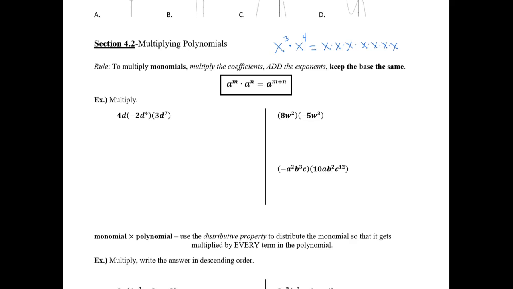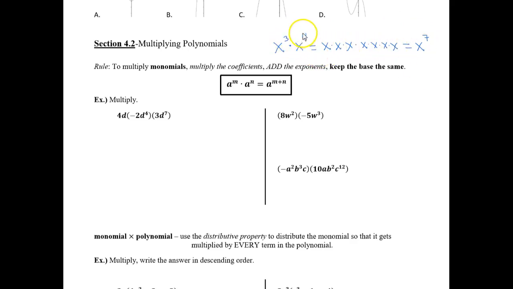So if I wanted to write this right-hand side exponentially, I would bring it back together and say, well, I've got 1, 2, 3, 4, 5, 6, 7 x's, and I'd write x to the 7th. So the question is, how do I get from here to there without expanding it each time?